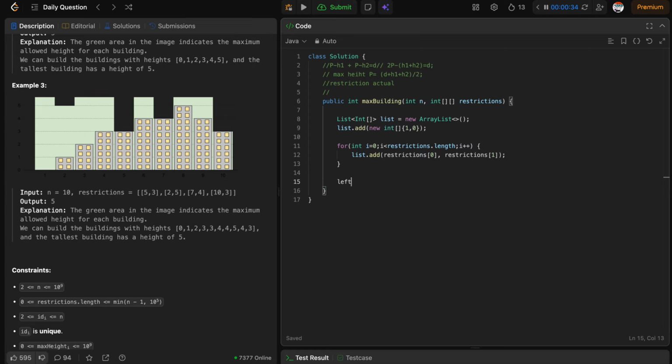First we go from left to right. So what we are going to do is we check. We are going from left to right. It's very simple.